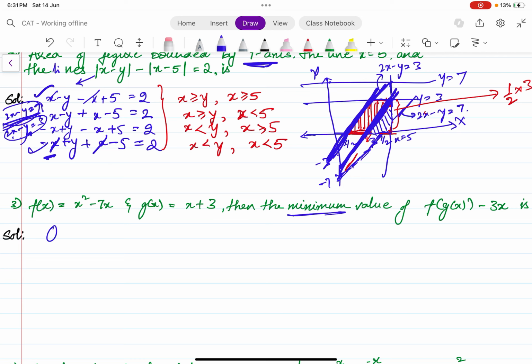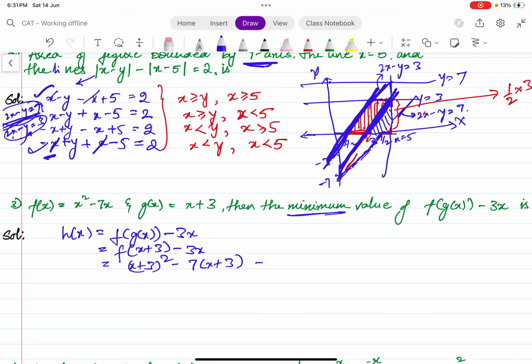Objective function, let me rename as h of x. So the objective function h of x is f of g of x minus 3x. Let me simplify this. So f of g of x is f of x plus 3, minus 3x. So what is f of x plus 3? It will be (x plus 3) whole square minus 7 times (x plus 3) minus 3x.